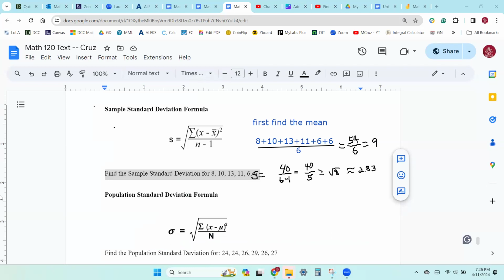So here, what's going to happen now if I find out that it's a population, as I said over here? Then that means that we now got sigma.